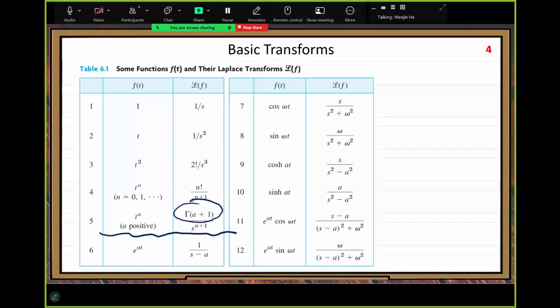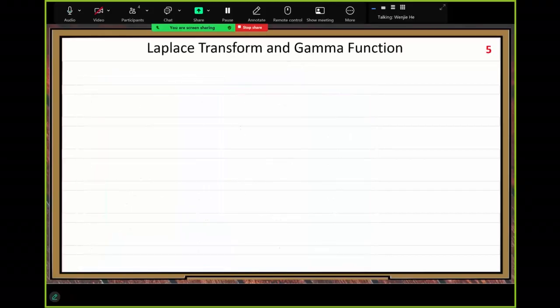Because factorial is only defined on non-negative integers, the gamma function is defined on non-integers. For non-integers, factorial does not make sense, so we define a special gamma function. First, let me talk about the gamma function and the Laplace transform.